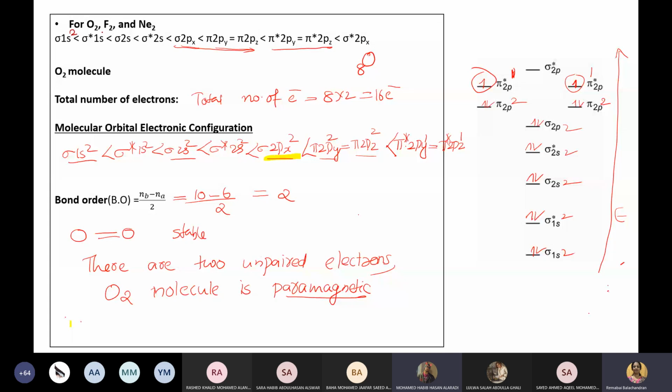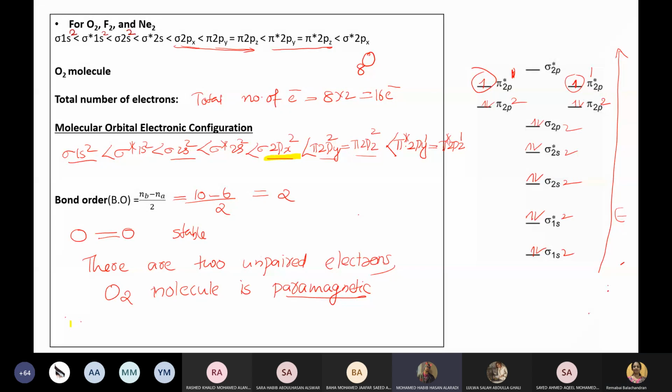Sigma star 1s2. Then? Sigma 2s2. After that?